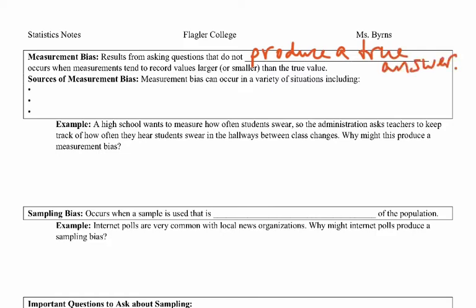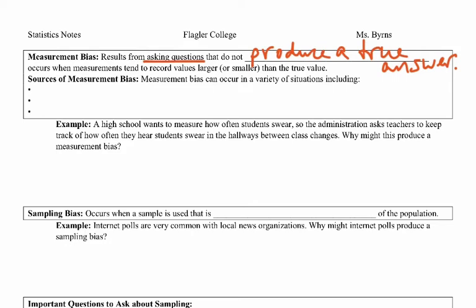If the question itself causes answers to be untrue, or causes people to say something that they otherwise wouldn't say, that's when we consider that a measurement bias, because it increases the measurements of, say, the number of people who agree with a statement. It occurs when the measurements tend to record values that are larger or sometimes smaller than the true value.